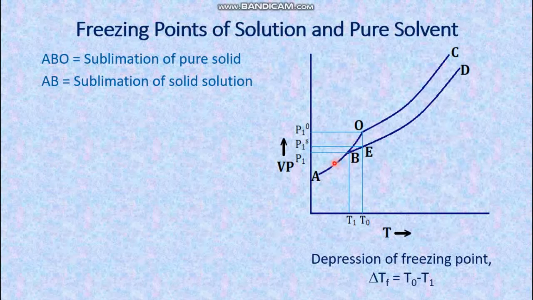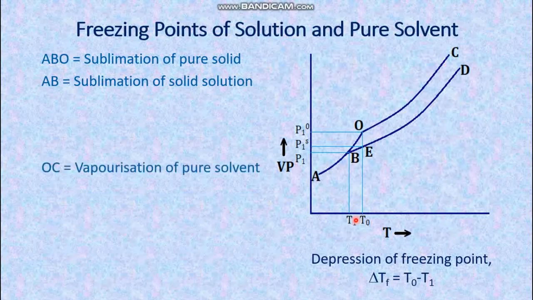That is why there are two curves which are indistinguishable. One is ABO, the solid of the pure substance, and another is AB, the solid of the impure substance, that is the solution. So that is why you find there is a decrease in freezing point of the solution, and this difference is delta TF, that is depression of freezing point.